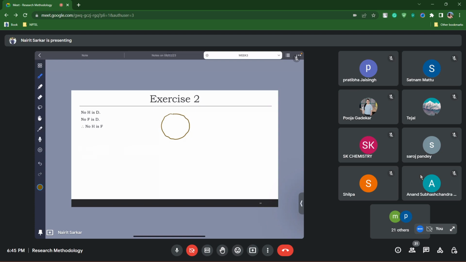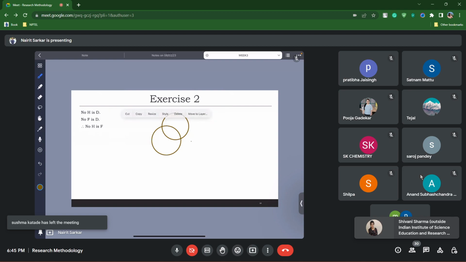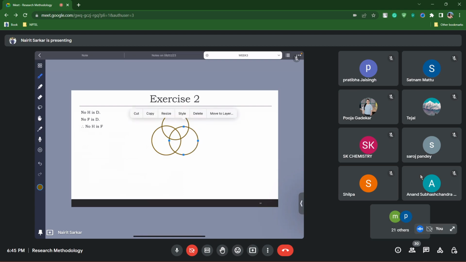First we'll draw 3 overlapping circles. So first, no H is D. H and D between. Where should I mark or shade? 1, 2, or 3?